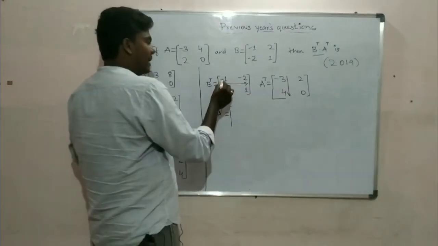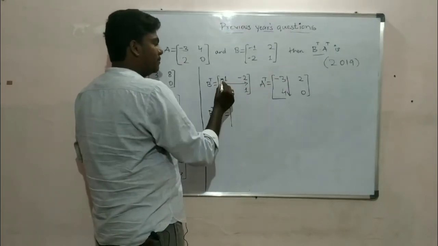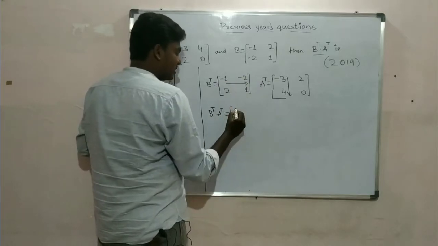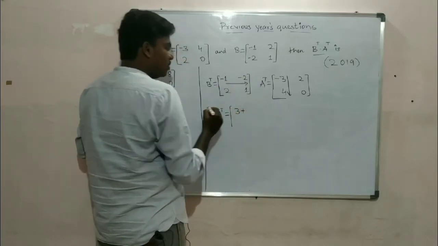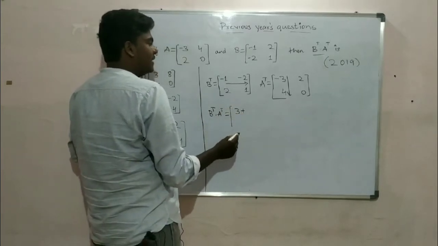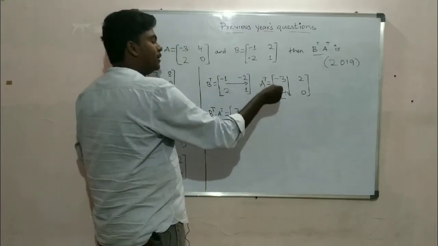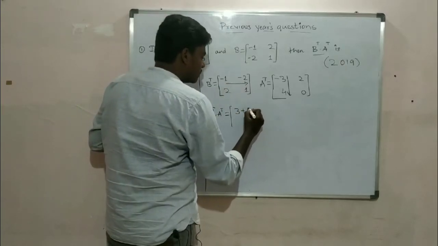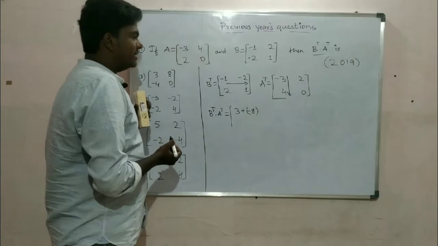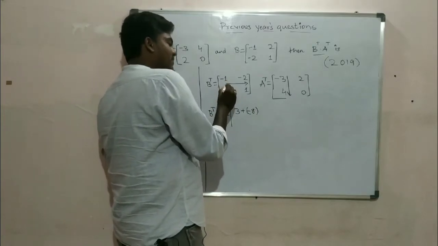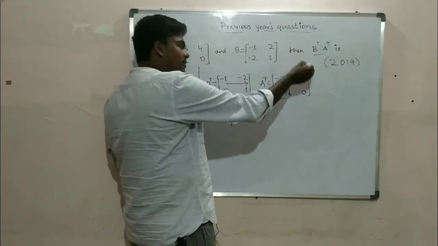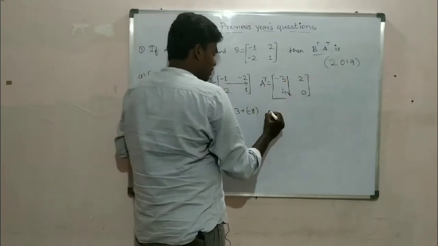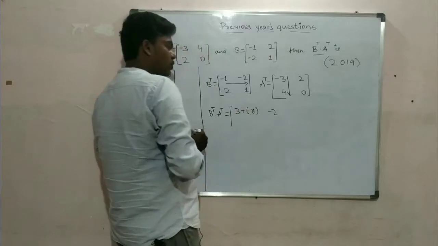That's it. Minus 1 into minus 3: minus into minus is plus, so 3. Next we add minus 2 into 4, that is minus 8. Then again, take the first row element and multiply it with the second column element. Minus 1 into 2 is minus 2.